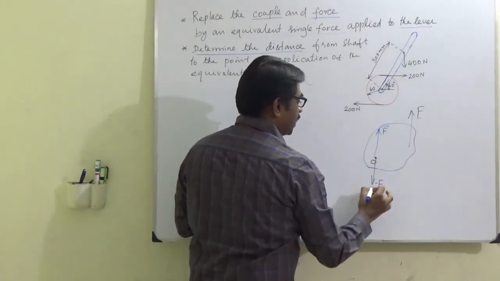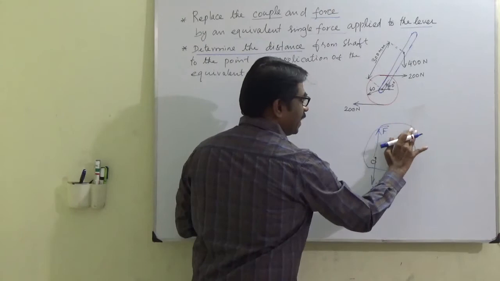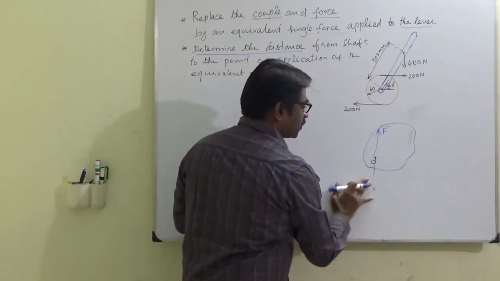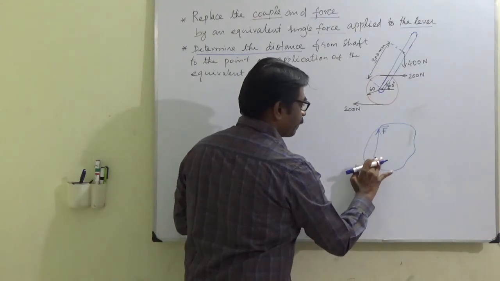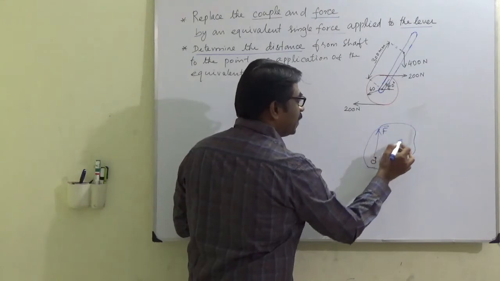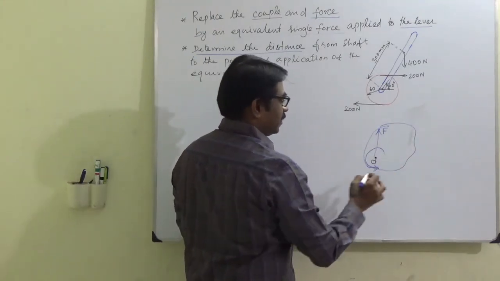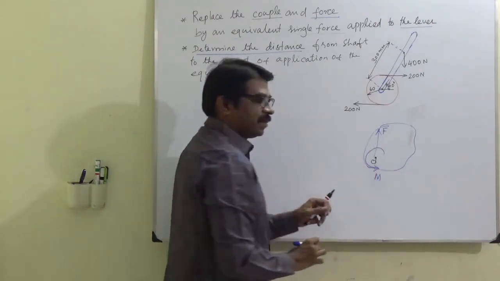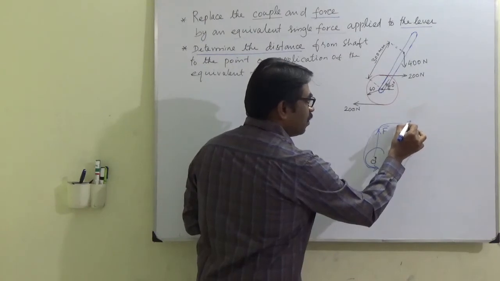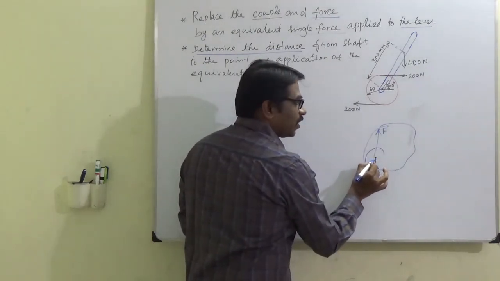Now this force and this will form a couple, so I can replace or I can shift this force to O by introducing a couple. What is that couple? The couple will be equal to the moment of this force about O, right?